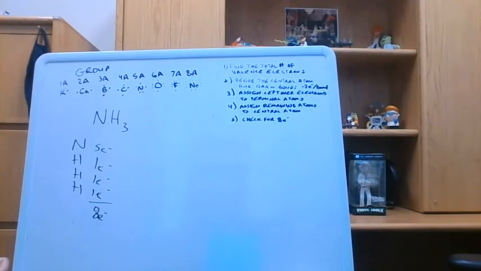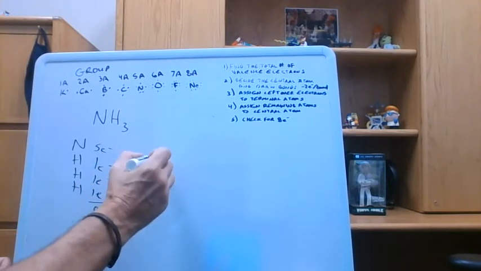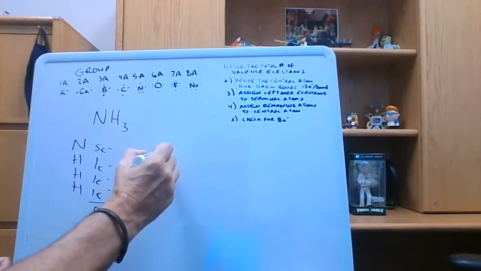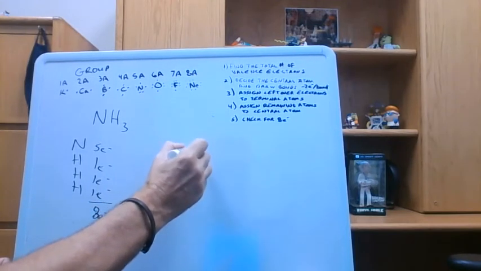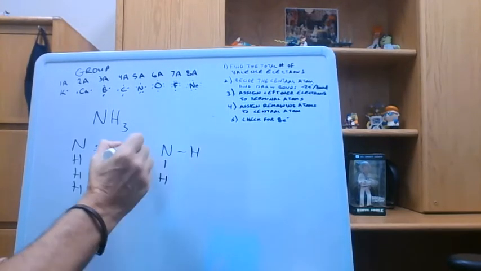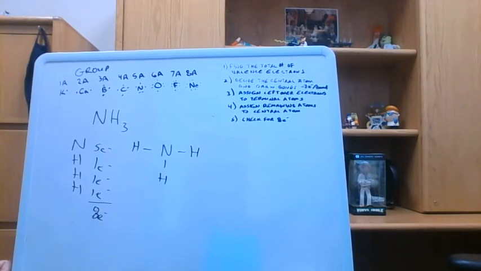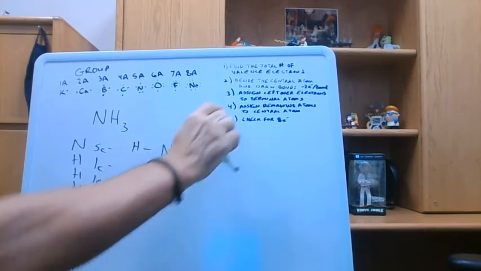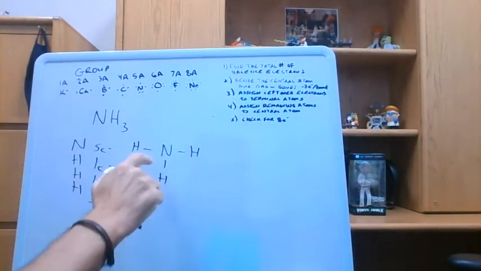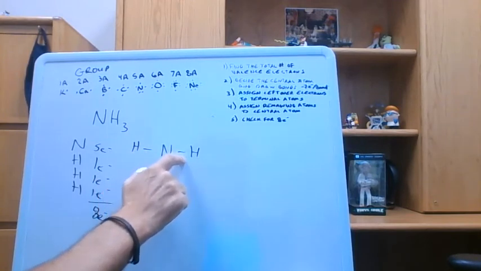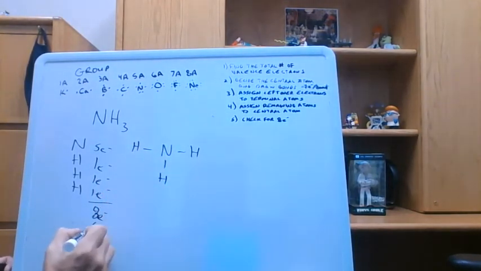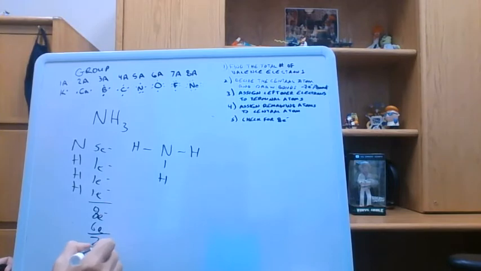All right. So our next step is to decide who the central atom is. Hydrogen can't go in the center, so we'll put nitrogen in the center and set ourselves up like that. Now it says subtract 2 electrons for each bond, so 1, 2, 3 pairs, so that's 6 electrons we have to get rid of. We have 2 electrons left.